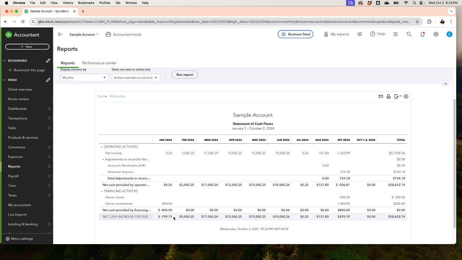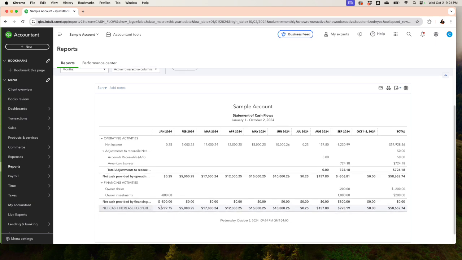The net cash was a negative amount, meaning that I spent more cash than what I added to the business. In February, there's some cash coming in, so it's a positive amount. It's an increase. March is an increase. April is an increase. May is an increase. So you have the net cash for the period, and finally, at the end is your total net cash increase for the year.